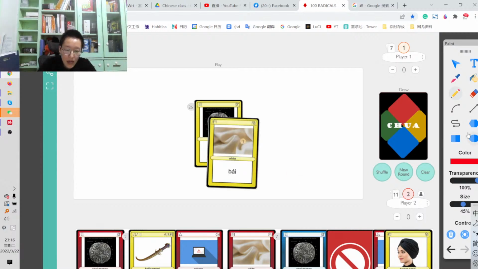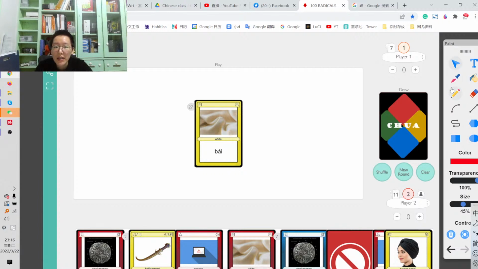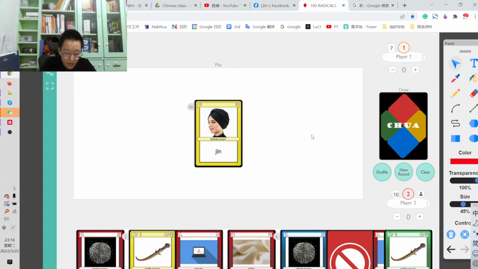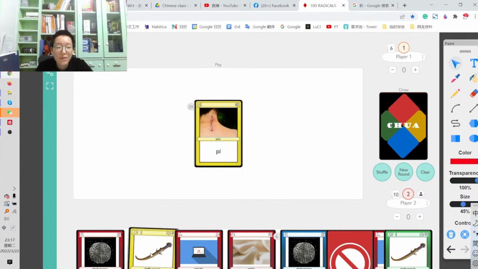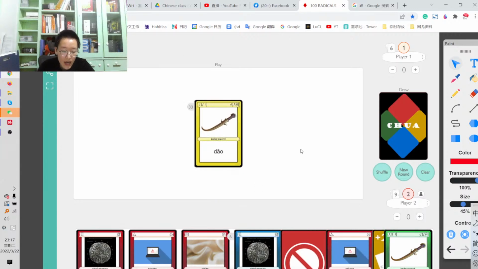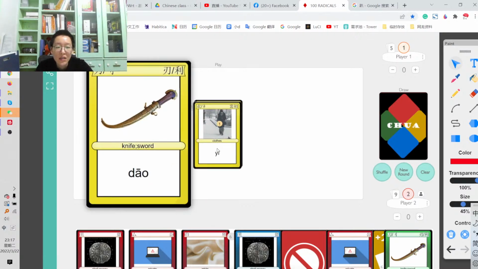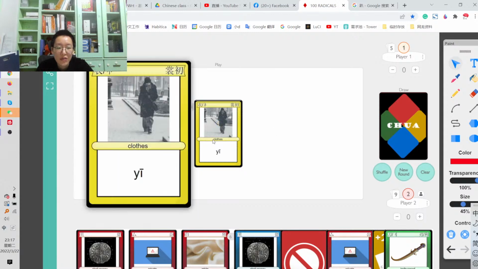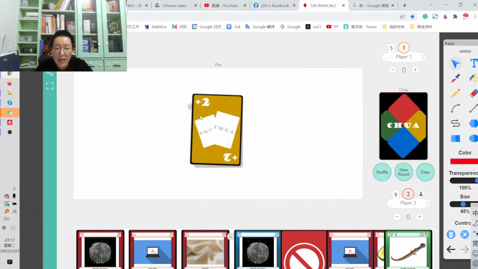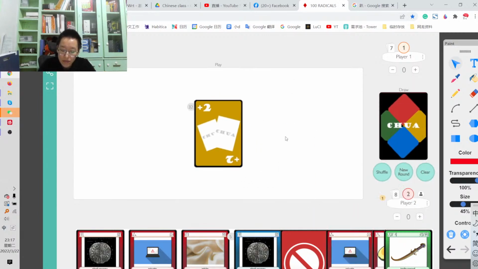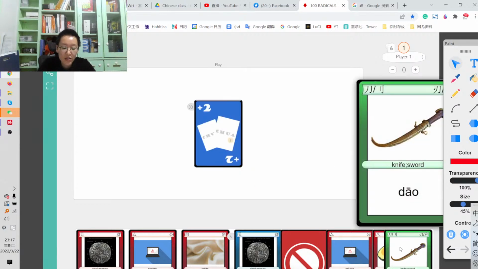Okay, repeat to memorize. 皮, skin. 刀, knife. 衣, clothes. Plus 2.